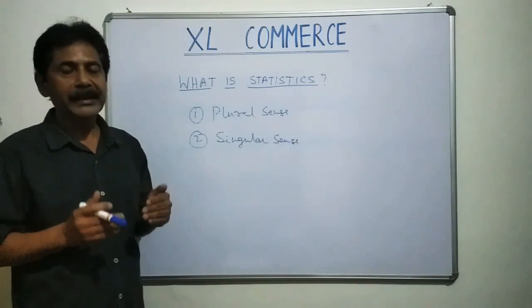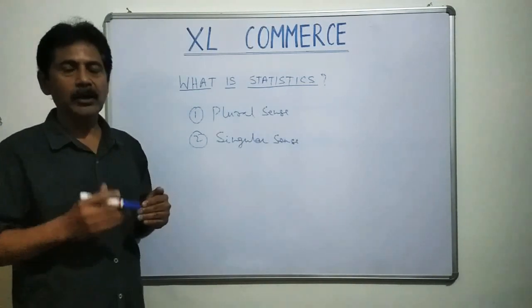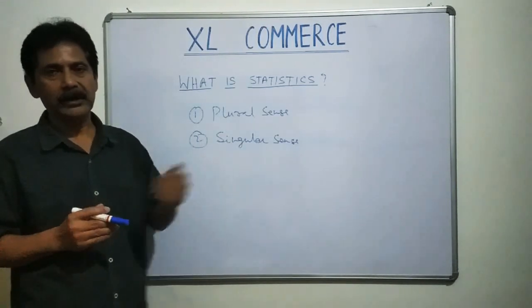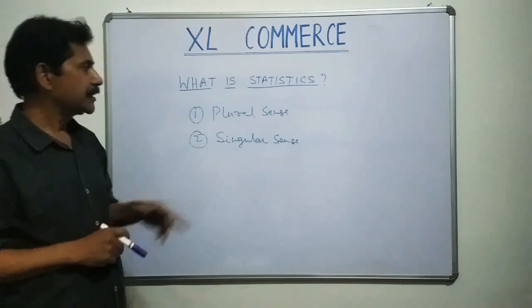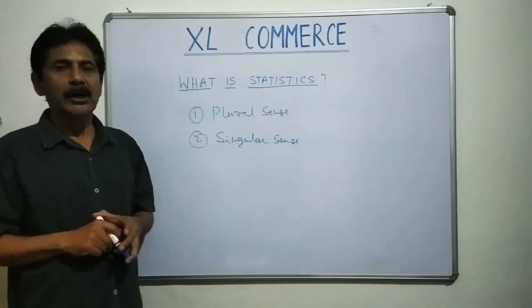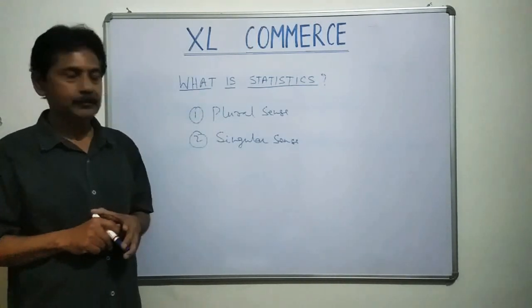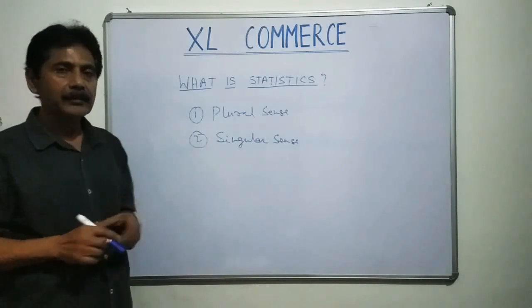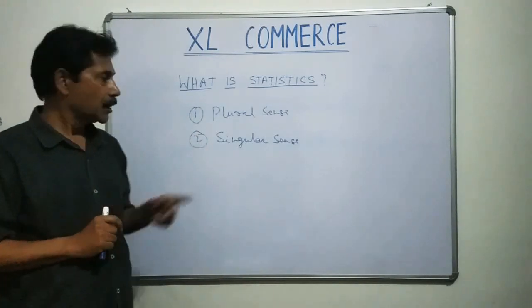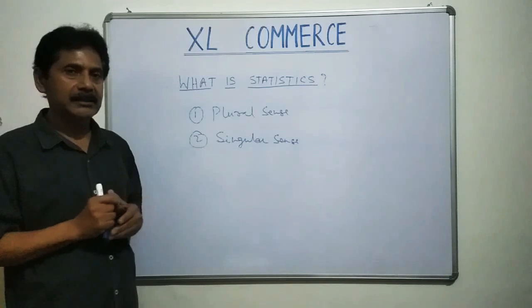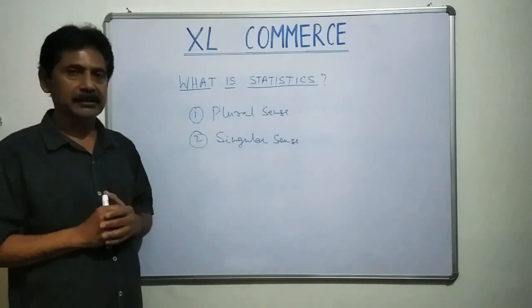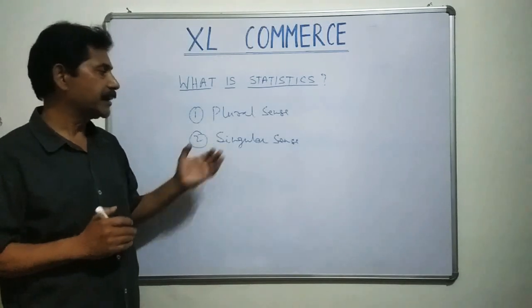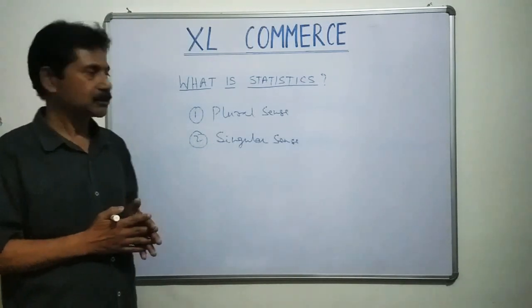When we compare any element or any product with other product or in relation to other product, then it is taken in plural sense. And when the data relates to a single product, then we can take it in a singular sense.